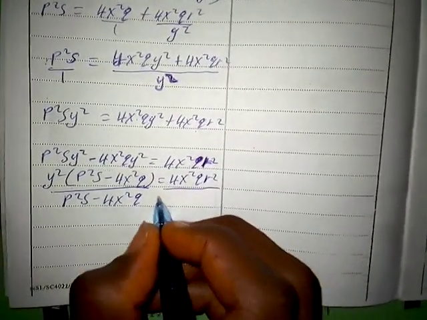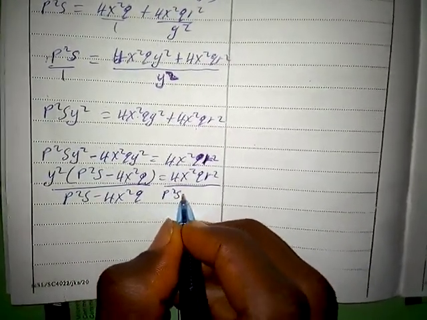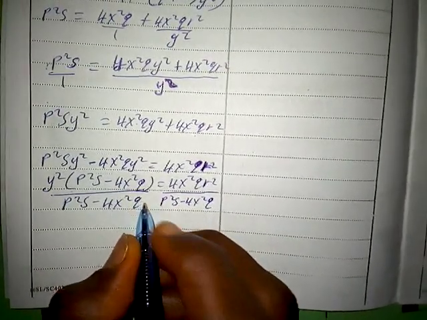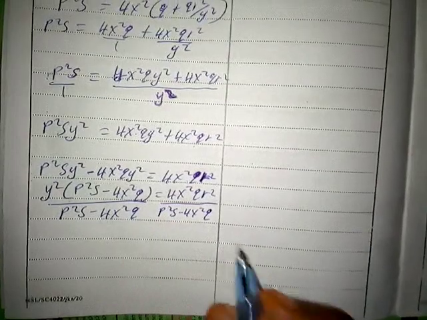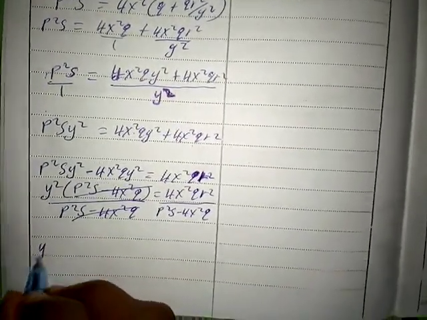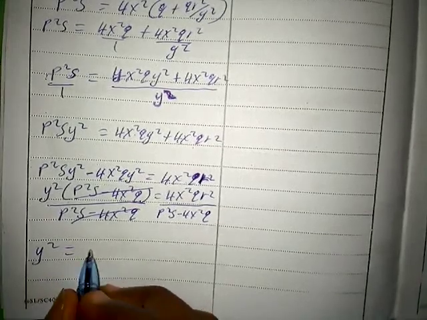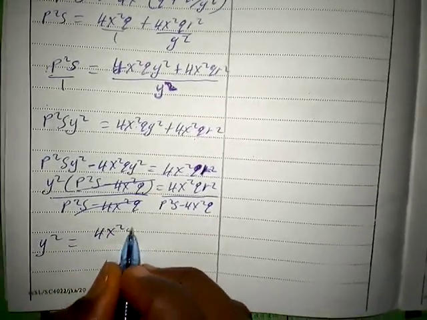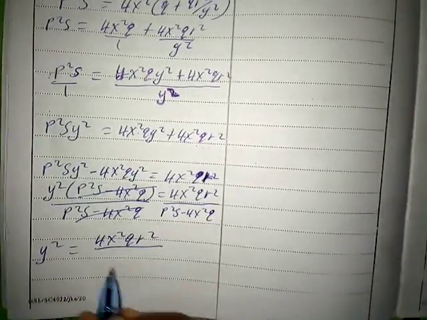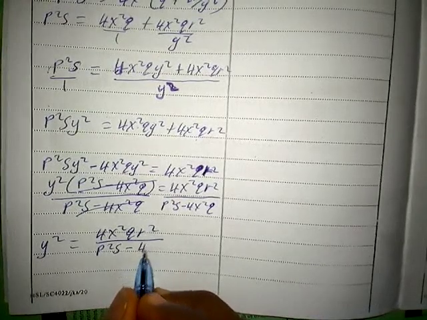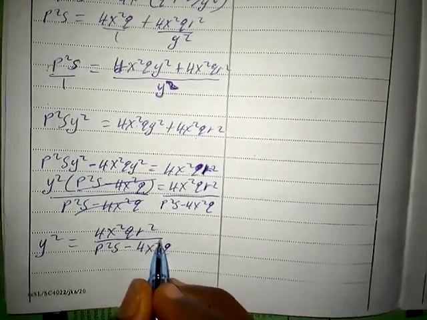Divide this by this. So what is remaining? Y square is equal to 4x square q r square upon p square s minus 4x square q.